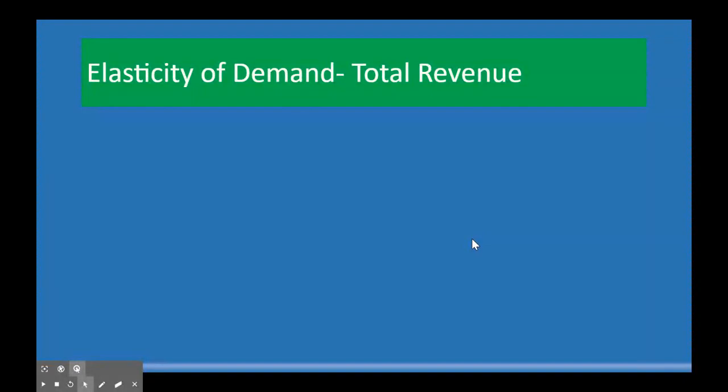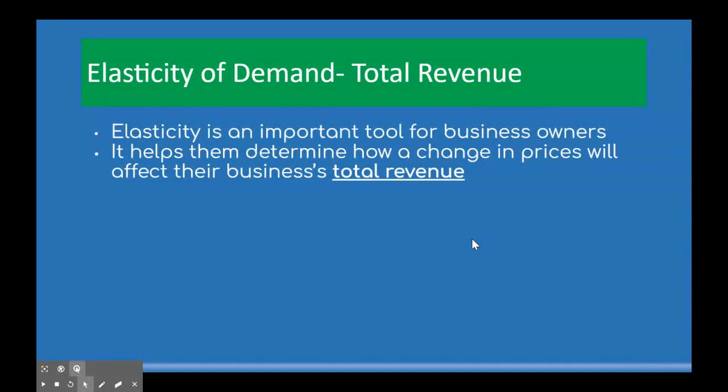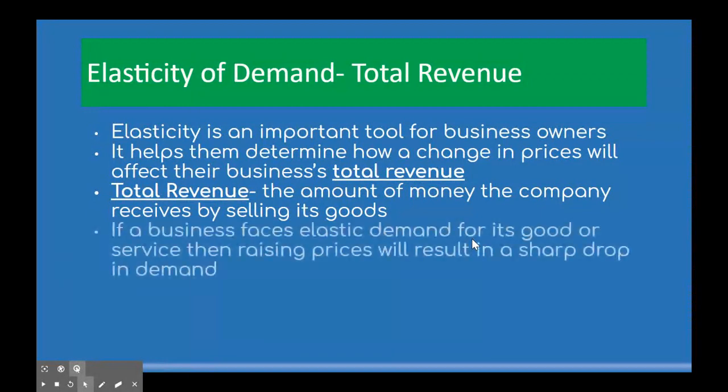Now, with elasticity of demand, we also have to talk about total revenue. Again, elasticity is an important tool for business owners because it helps them determine how a change in price will affect their business's total revenue, how much money they're going to make. Total revenue is the amount of money the company receives by selling its goods.